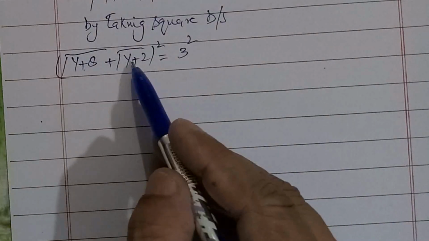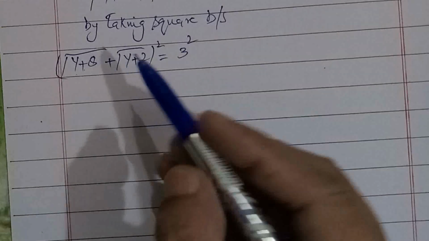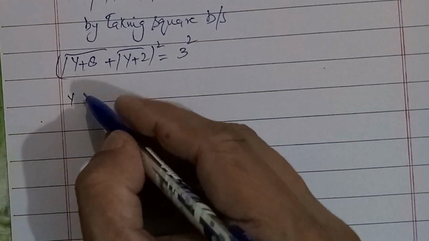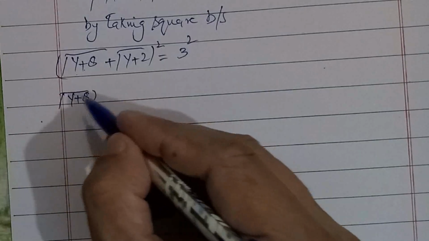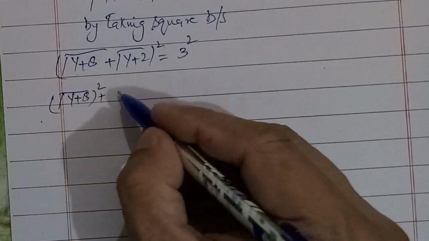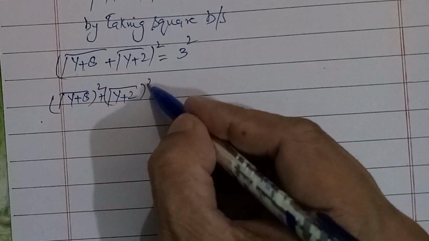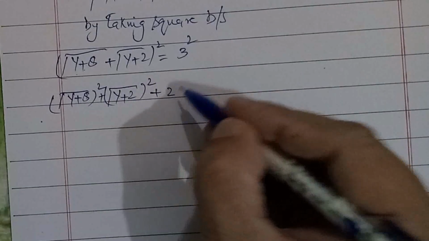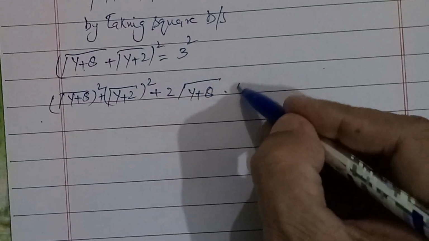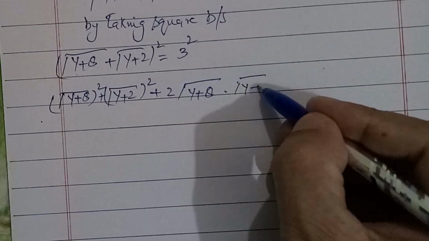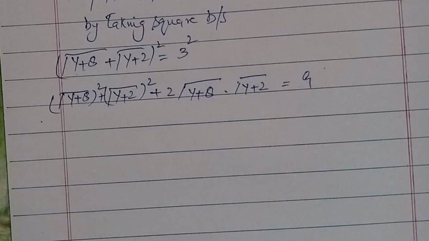We apply the formula (a plus b) square here. We get square root of y plus 8 whole square plus square root of y plus 2 whole square plus 2 times square root of y plus 8 into y plus 2 is equal to 3 square, which is 9.